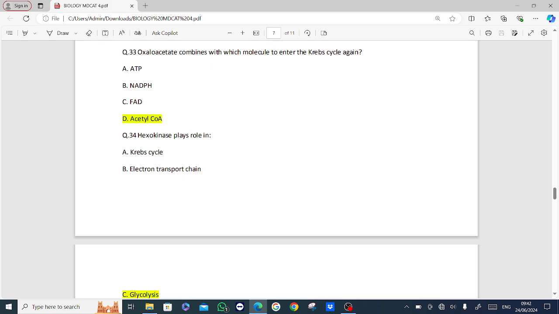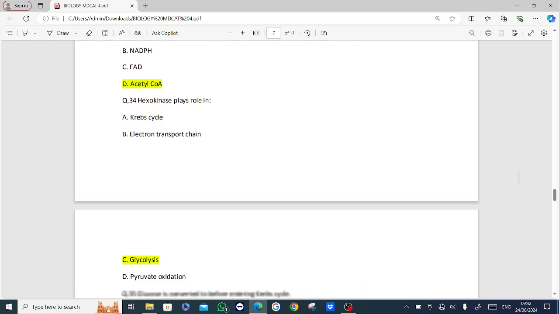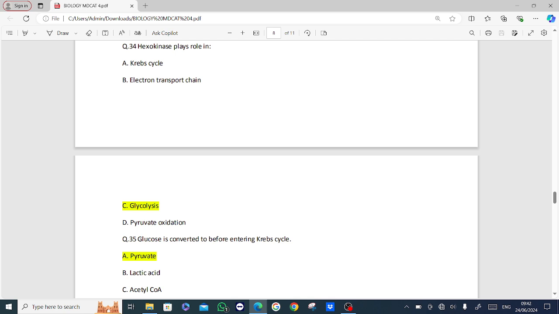Next MCQ is: hexokinase plays role in. Options are electron transport chain, Krebs cycle, glycolysis, pyruvate oxidation. Answer is option C, glycolysis.